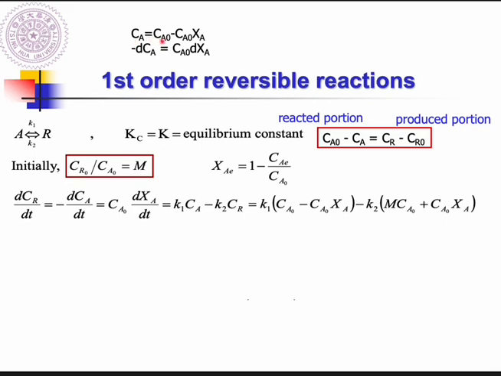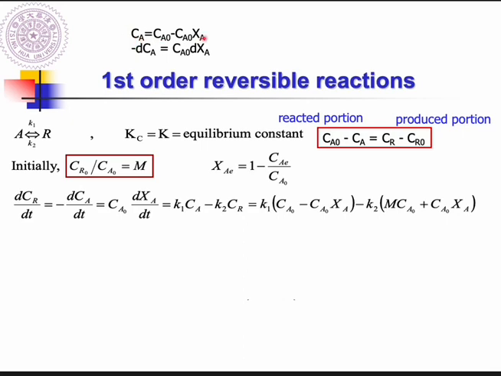This is because CA, the remaining concentration of reactant A, equals the initial concentration of reactant A minus what? The fractional conversion of reactant A times CA0, which is how much A is converted to product. So you have the initial amount, and you subtract the converted part, which equals the remaining part.